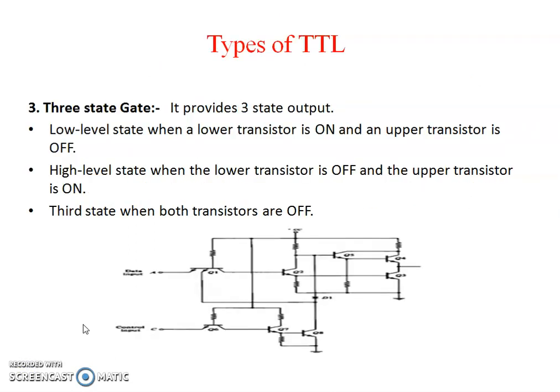Now we discuss the third type of TTL, that is the three-state gate. It provides three-state output. First is the low level state, when the lower transistor is on and the upper transistor is off. Second is the high level state, when the lower transistor is off and the upper transistor is on.